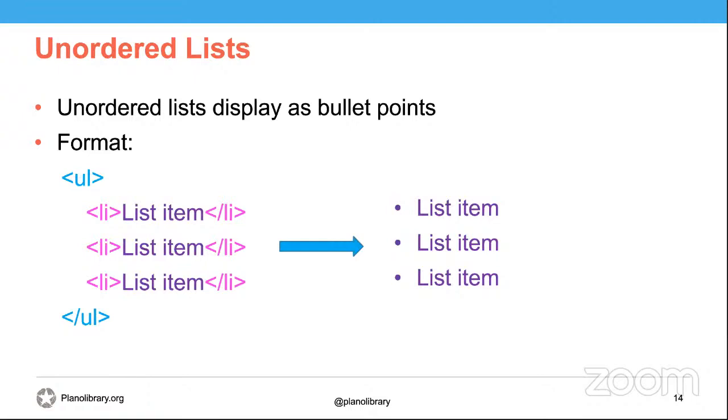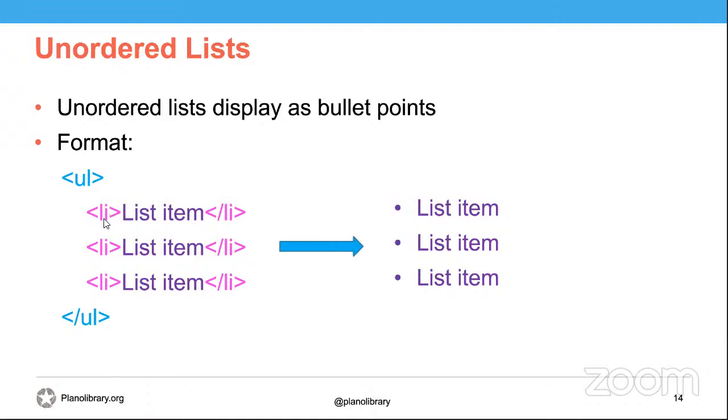But again, it's not enough to include the opening and closing tags. You have to further specify each individual list item in your list. And these items require their own opening and closing tags. And you specify them by using LI for list item.